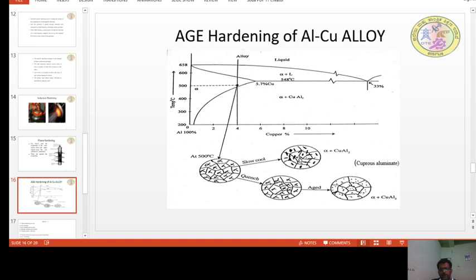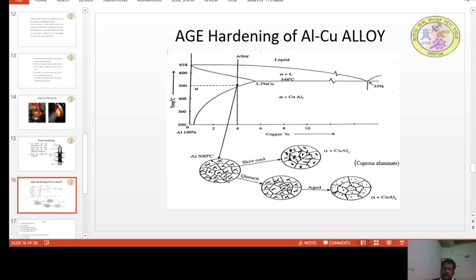The grains of alpha are formed with the presence of cuprous aluminate, that is CuAl2. Whatever the lines are, they are nothing but CuAl2, cuprous aluminate. So this is the structure formed in the case of slow cooling.